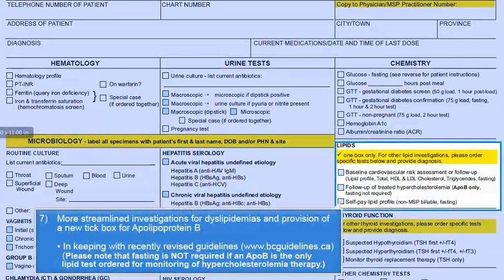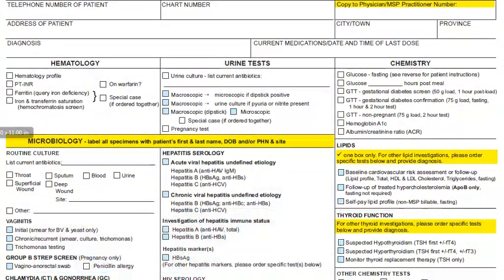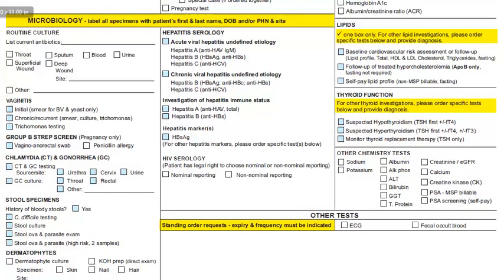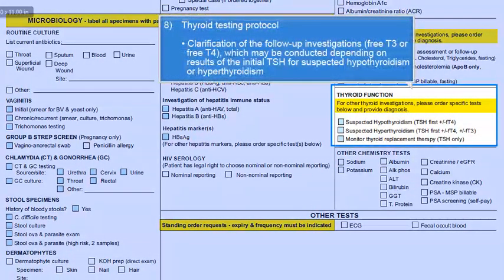More streamlined investigations for dyslipidemias and provision of a new tick box for apolipoprotein B, in keeping with recently revised guidelines. Thyroid testing protocol.